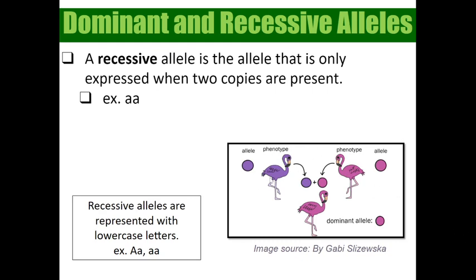This one over here has little a, little a. And over here, this one has either big A, little a, or big A, big A. Either genotype this flamingo has, they have a dominant allele, which means that our baby flamingo is going to be pink because of those dominant alleles.